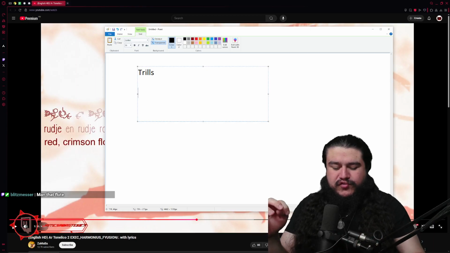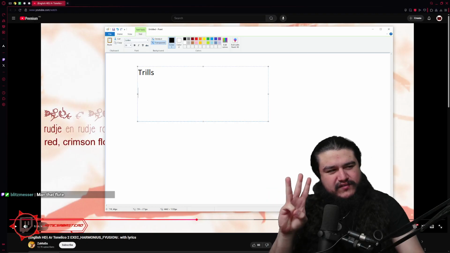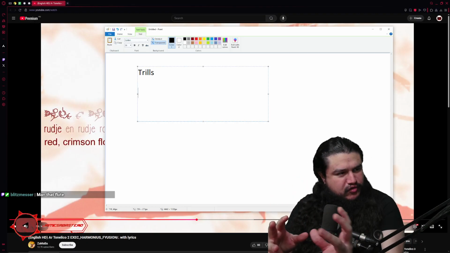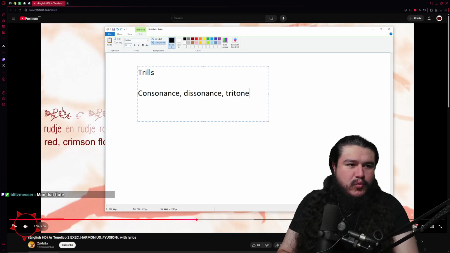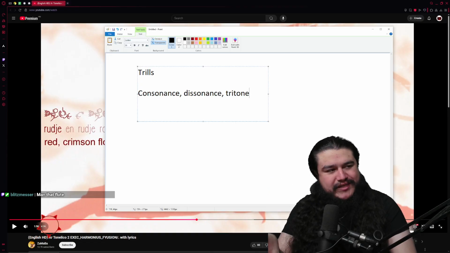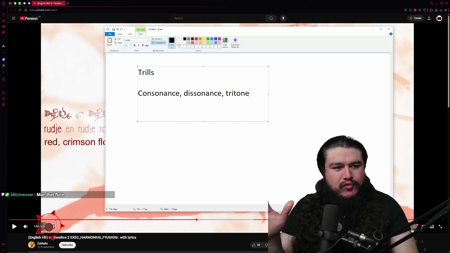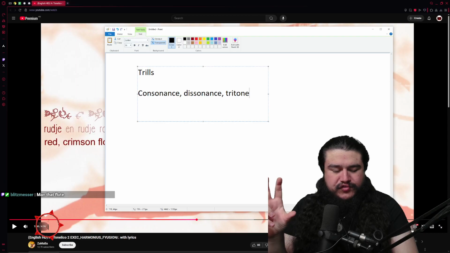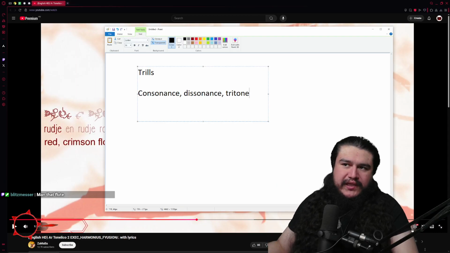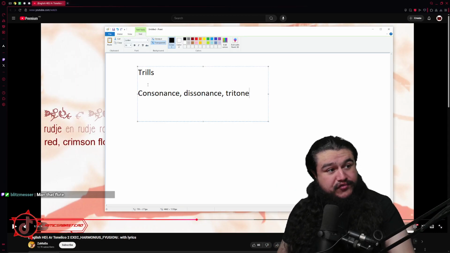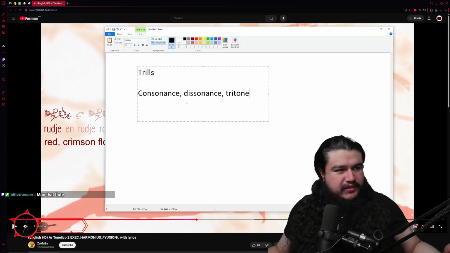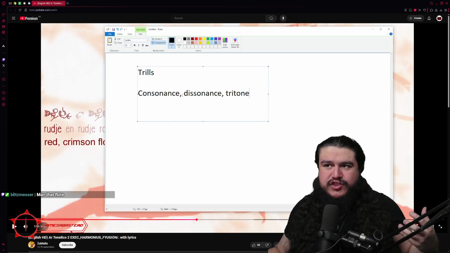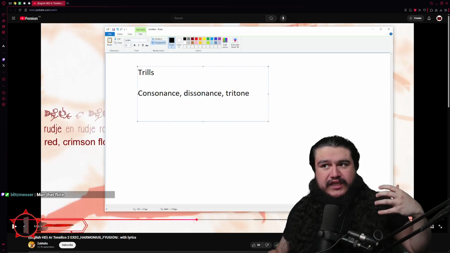Because when it comes to music, there are 3 types of relationships that notes can have: consonance, dissonance, and the tritone. The tritone is the only unstable set of notes that exists. Everything else is going to be either consonant or dissonant. Consonant sounds nice, like the notes agree with each other. Dissonance sounds like they don't.